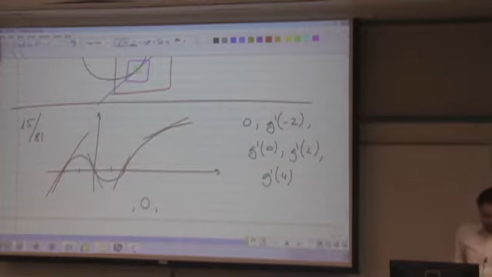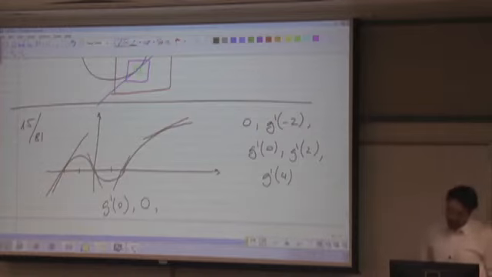Is there one that's negative? Which one? g prime of 0. All the other ones are positive, right? Which one is smaller? g of 4.